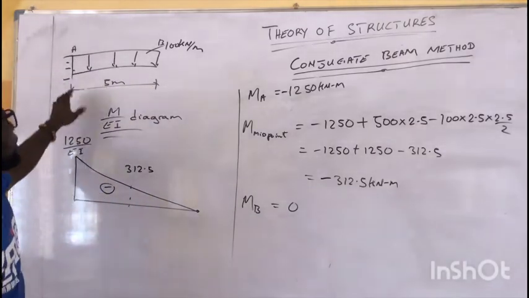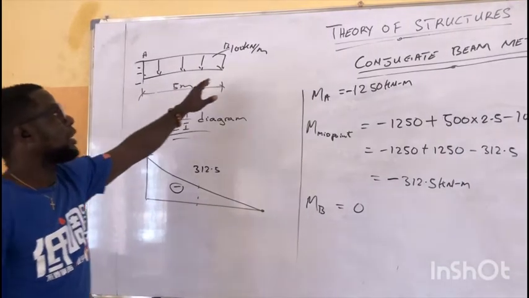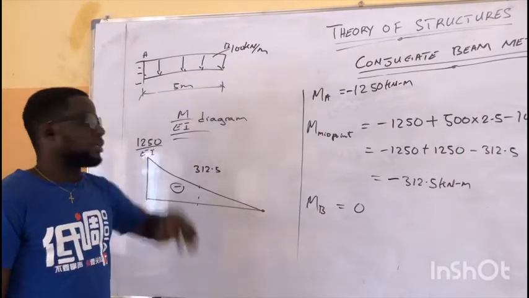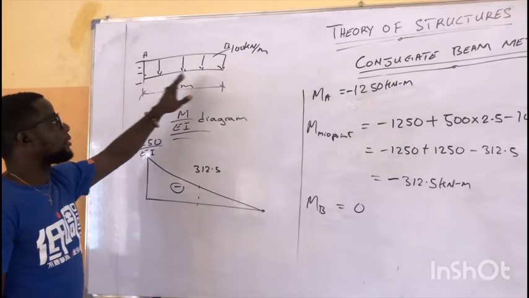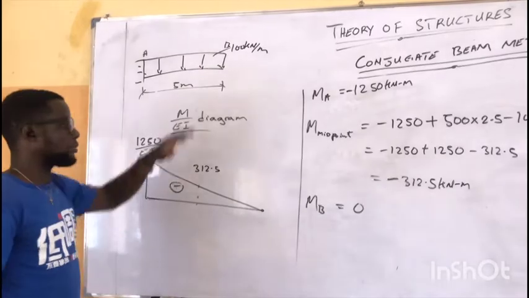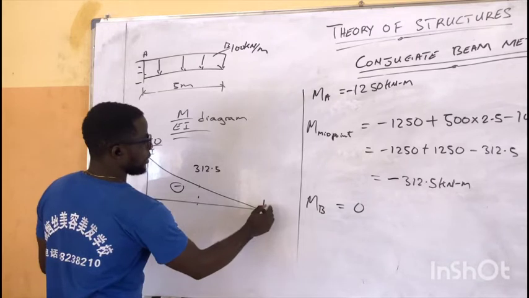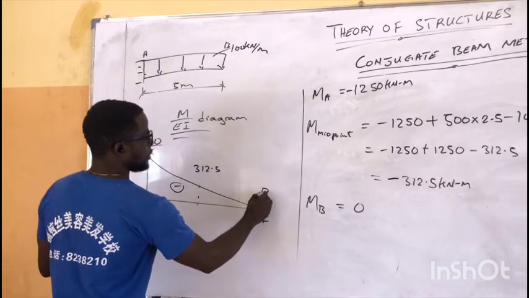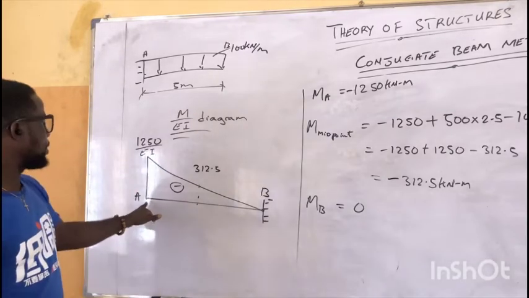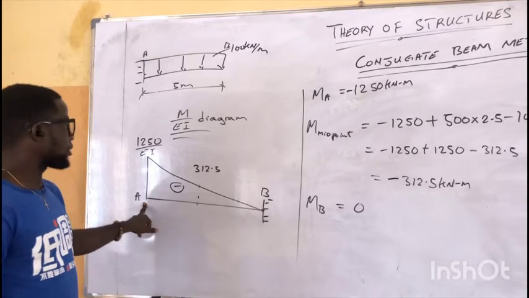So we have a cantilever beam with a fixed support at this point, and this is a free end. The fixed support returns to a free end, while that of the free end returns to a fixed support. So our new conjugate beam is this. This is our point A, and this is our point B. So we changed the supports of the original beam to its conjugate.